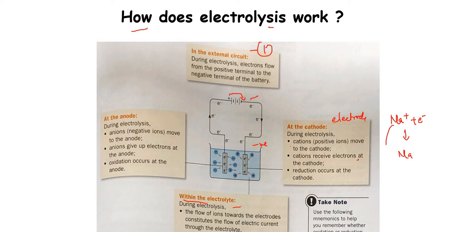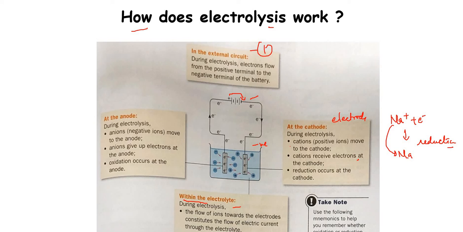So here reduction is happening. What is reduction? Reduction is basically gain of electrons. There are multiple definitions: gain of electrons, decrease in oxidation state, combination with hydrogen, and loss of oxygen. So there are four definitions of reduction. Here the matching one is that the sodium ion, the cation, goes there, takes the electron and discharges.